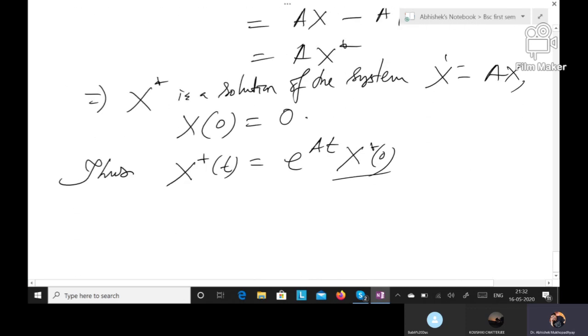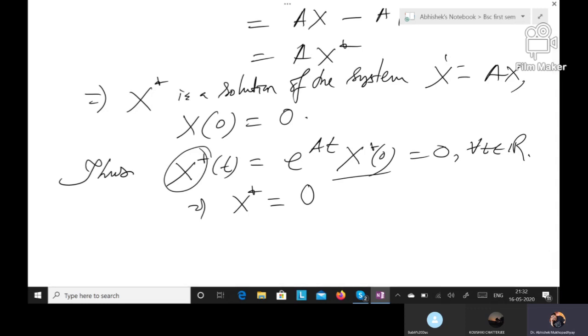So that means X star t is equal to 0, and this is true for any t belongs to R. So this function is 0 at all points t. That means this is a 0 function, that is, this is a 0 matrix. And since it is 0, X minus Y equal to 0. So therefore X equal to Y.